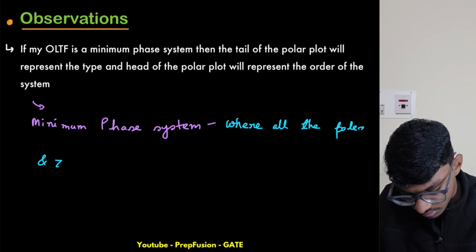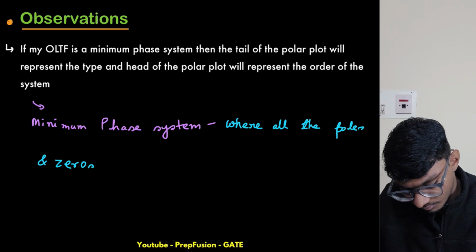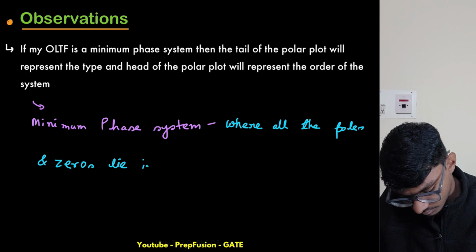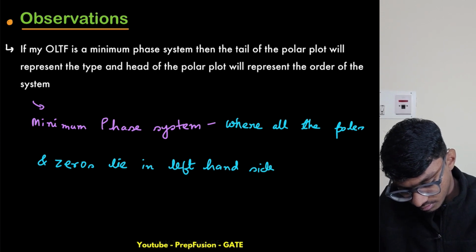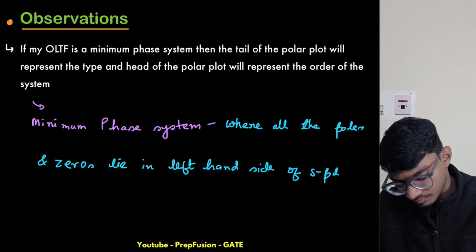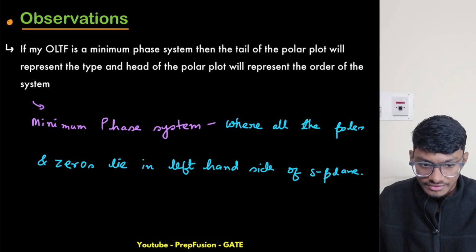All the poles and zeros lie in the left half of the S-plane. Okay, so this is what a minimum phase system is.